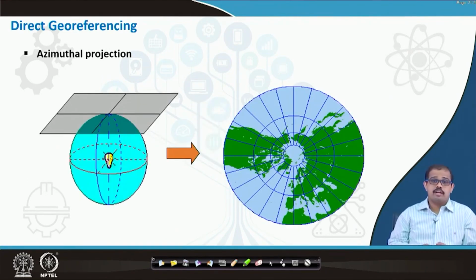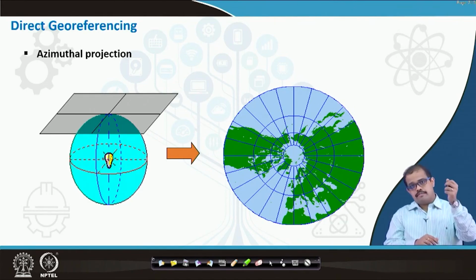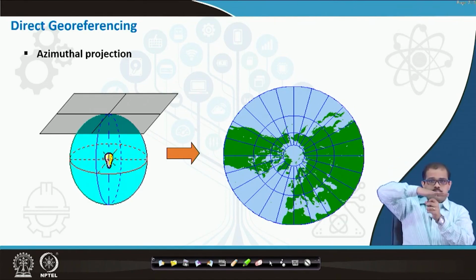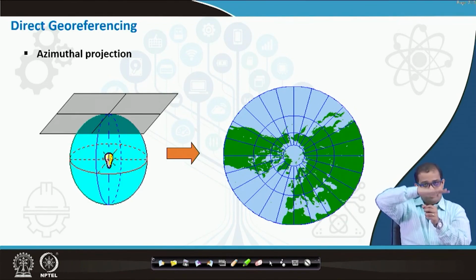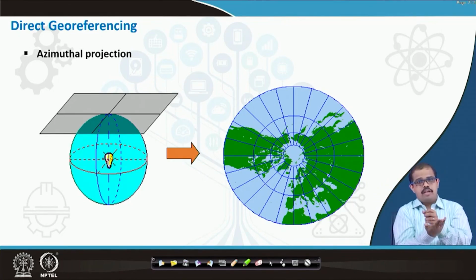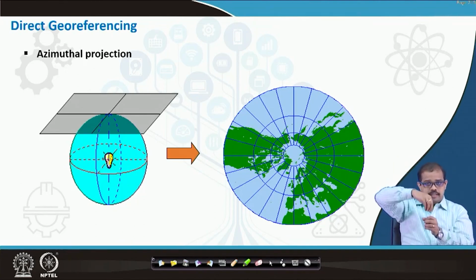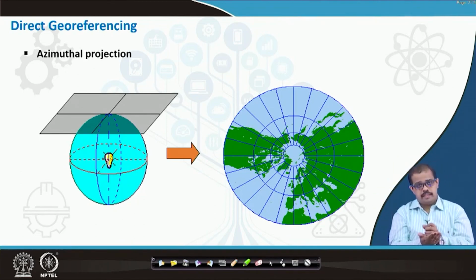Then the third one is called the azimuthal projection. Now you have your earth surface like this. Okay, I keep a paper like this, or like this, or like this, the way you want, whether near the poles, slanted, or below near the south pole. Once you have done that, add a light opposite to where the paper has been kept.